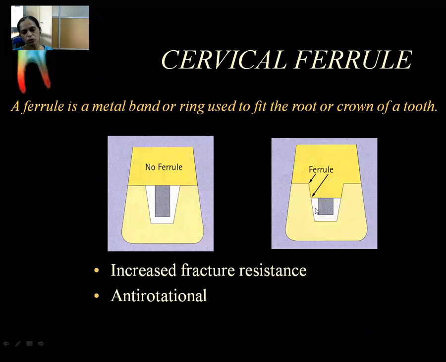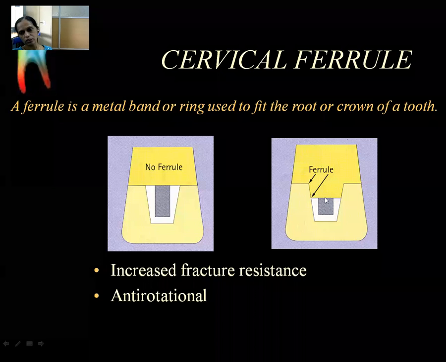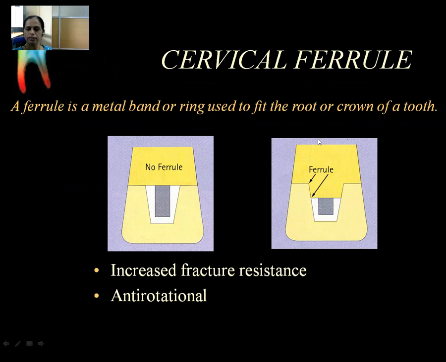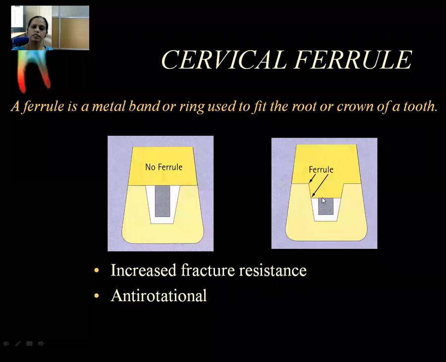Okay, this is the core and this is the post. This is the coronal portion of the post. This post extends in the root. Here this is the post. Over that we build up the core and this is the ferrule. Ferrule is the metallic band of the crown which encircles this remaining coronal structure of the tooth.